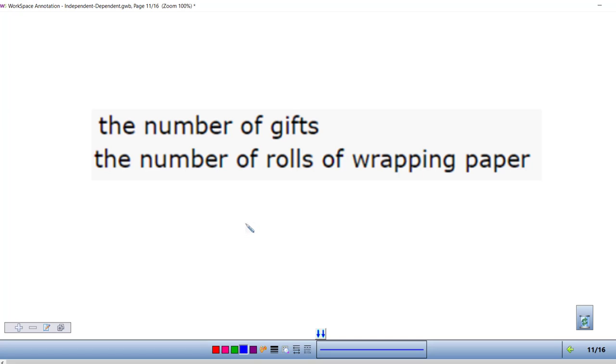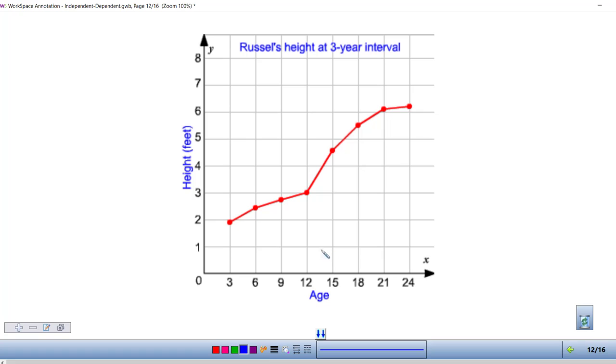The number of gifts and the number of rolls of wrapping paper. Well, we have the gifts first, and then we determine how much wrapping paper we need. The wrapping paper depends on the gifts. Age is independent. Height is dependent.